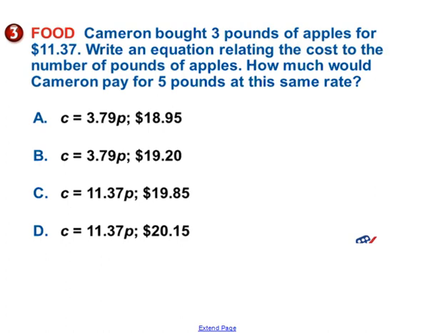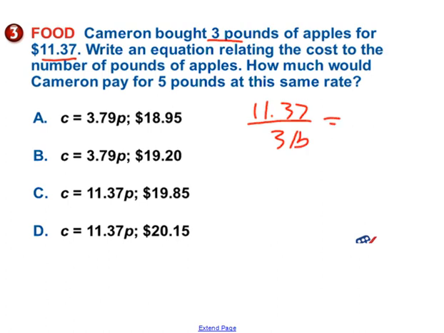Do a similar problem, only on your own here. Cameron bought 3 pounds of apples for $11.37. Write an equation relating the cost to the number of pounds of apples. How much would Cameron pay for 5 pounds at the same rate? Well, the first thing I'm going to say, it's $11.37 for 3 pounds.